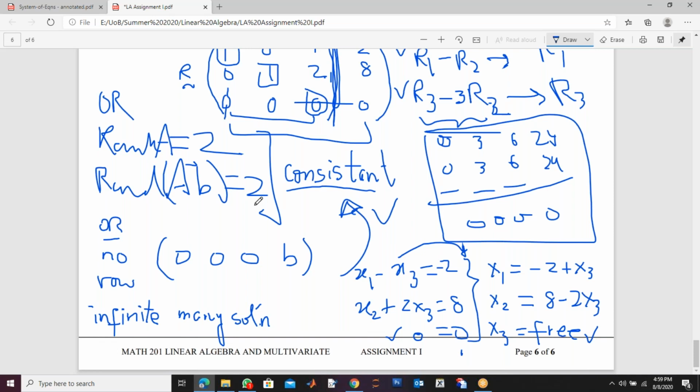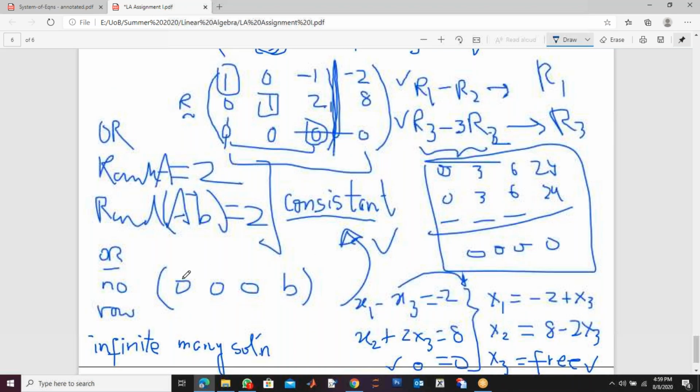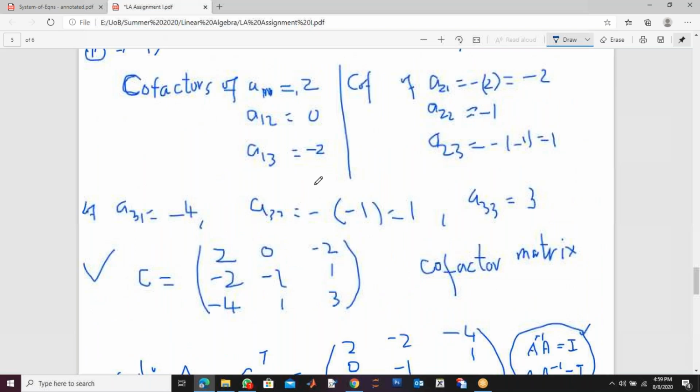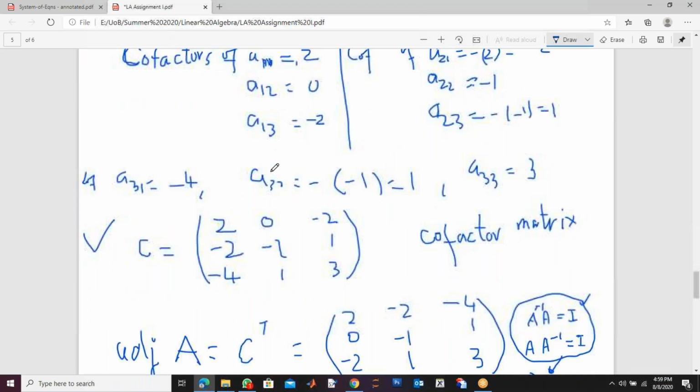All right, so that's how you can solve a system of equations using row reduction on the augmented matrix, and using the A inverse. And in A inverse, you use the coefficient matrix, not the augmented matrix, sorry.